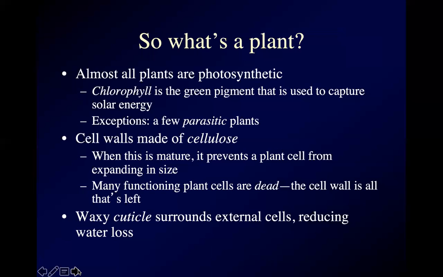The upshot is that there are a lot of cells in a plant that have a function, but they're dead. The only thing that's left is the cell wall. The actual contents of the cell died a long time ago. And I'll show you some examples of that as we go on. But in a big tree, almost all of the wood on the inside of the trunk is actually dead cells.